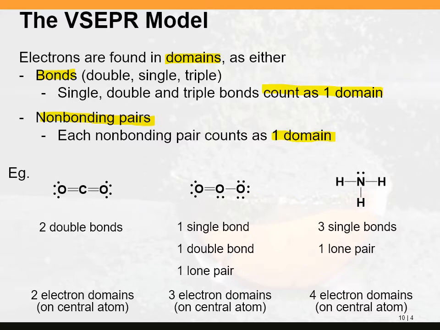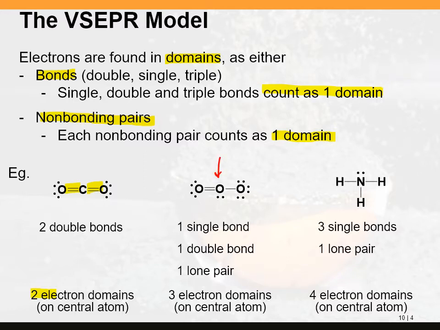So what we're interested in is the total number of domains. For example, in carbon dioxide, there's a double bond here, counts as 1. There's another double bond here, counts as 1. And that's it, there's nothing else, so there are 2 electron domains. In ozone, the central oxygen, we're going to pay attention to the central atoms.